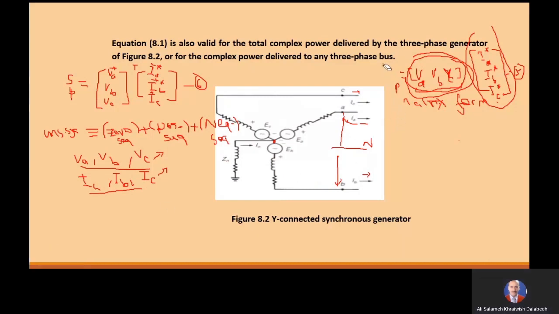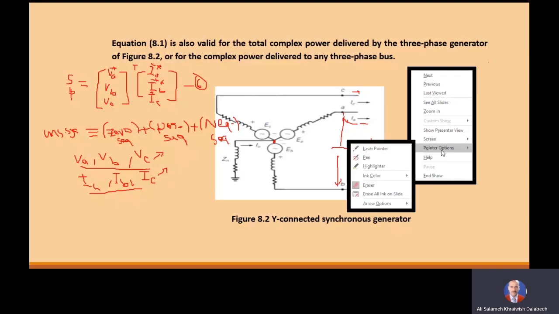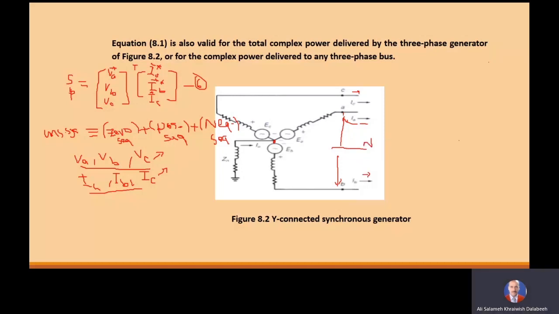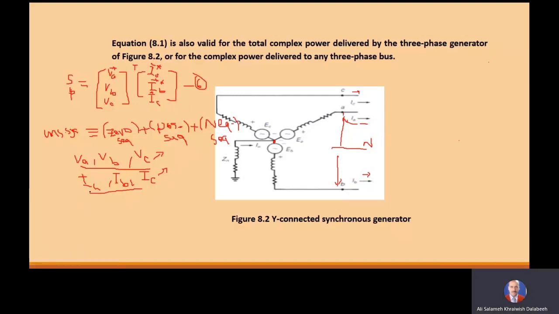Now, in this case, if the system is subjected to unsymmetrical fault, as we said in the previous lecture, each quantity of voltages and currents is equal to three quantities.